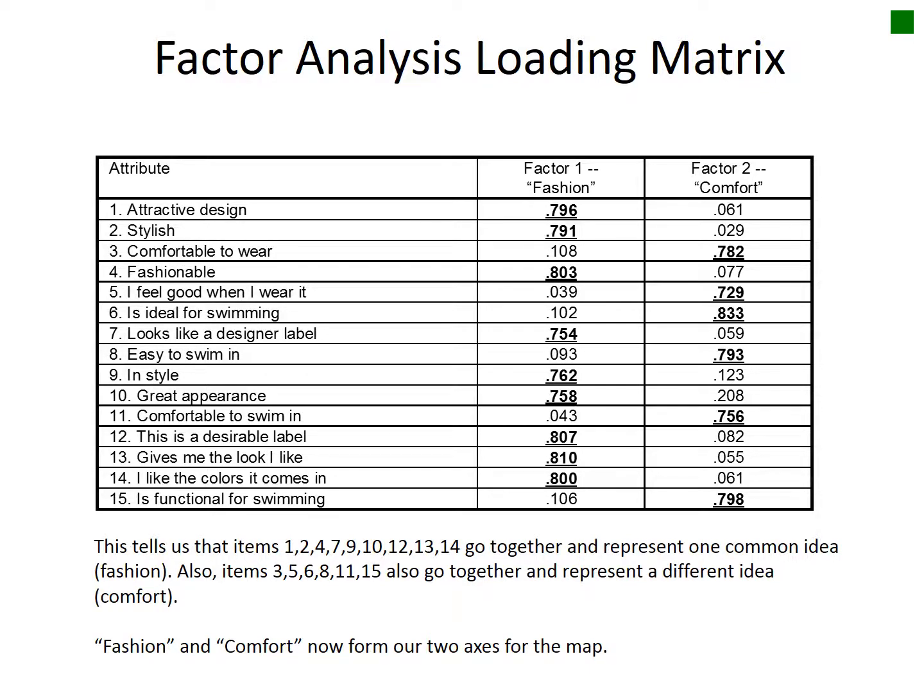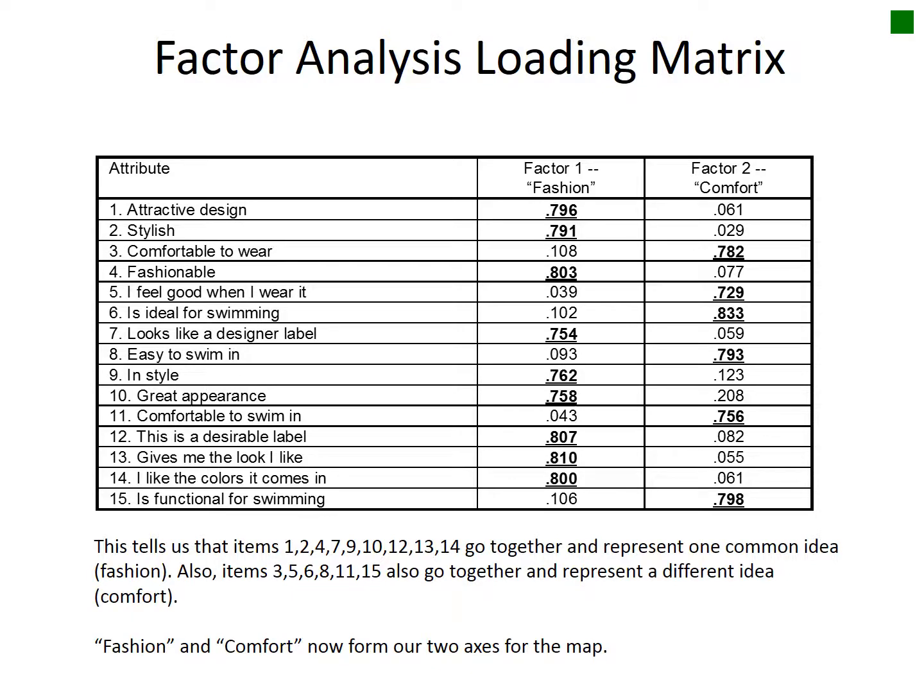The factor loading for attractive design on factor 1 is 0.796. Basically, what we're looking for is big numbers. These will typically approach 1. Every once in a while they'll actually go over 1, but typically we're looking at something like 0.5 or 0.6 or higher. So 0.796 certainly is higher, so it falls under factor 1.